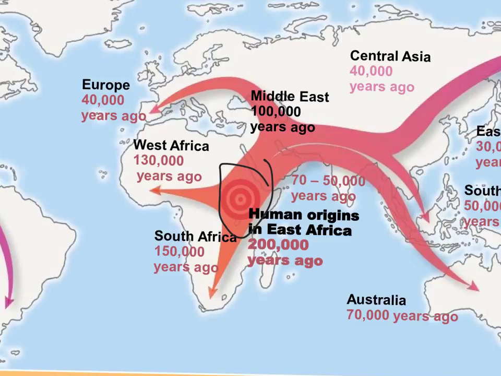There's some in the Middle East, about 100,000. Europe, 40,000 years of modern humans, and then Neanderthals were also there. And then the Denisovans were found in populations of modern humans that migrated down into Australia.